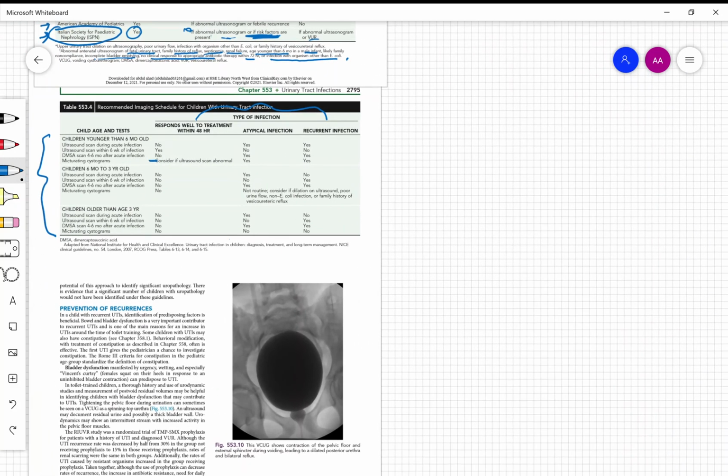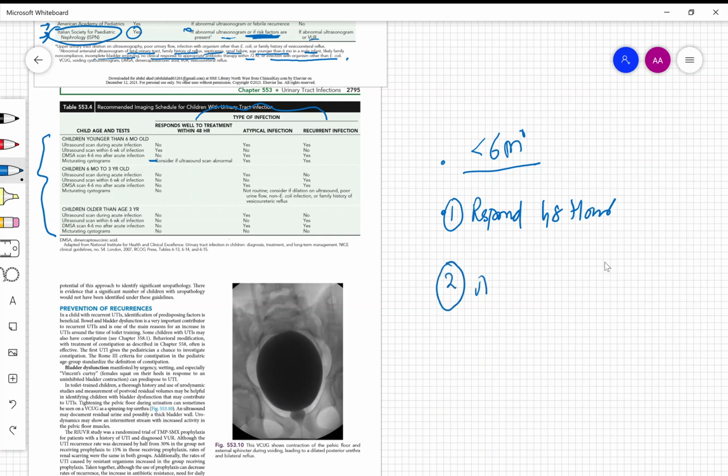So let's say you get a child who is less than 6 months, then what you have to do is look at whether the child responds within 48 hours to treatment.